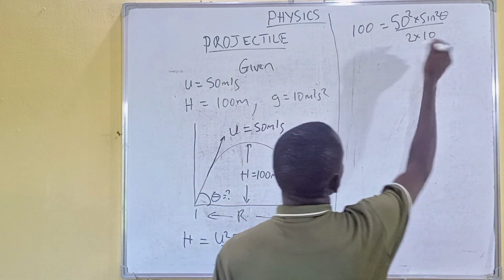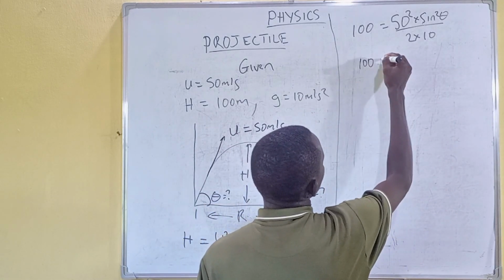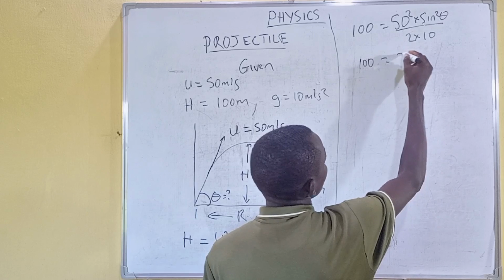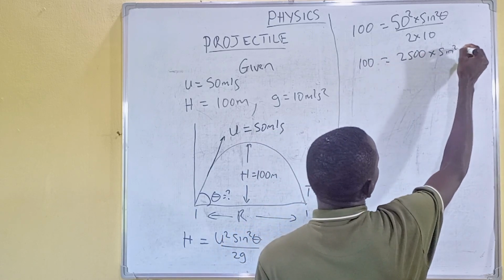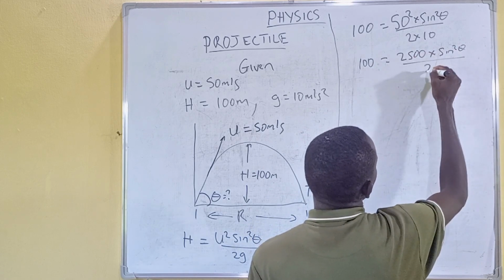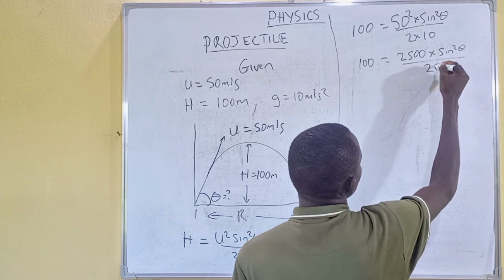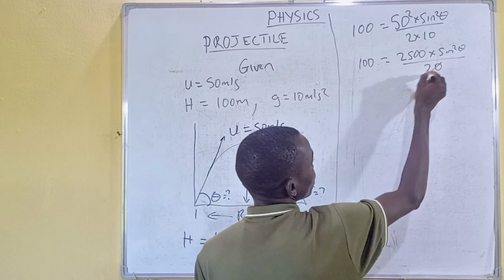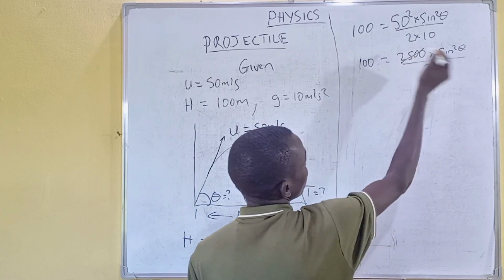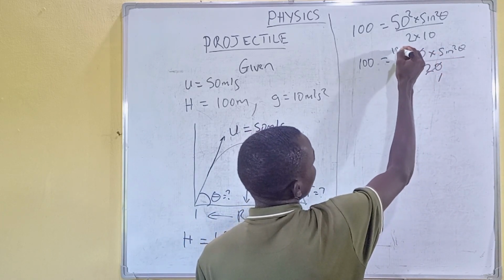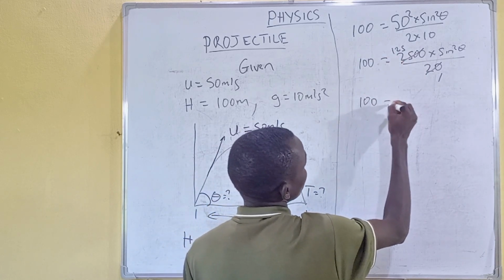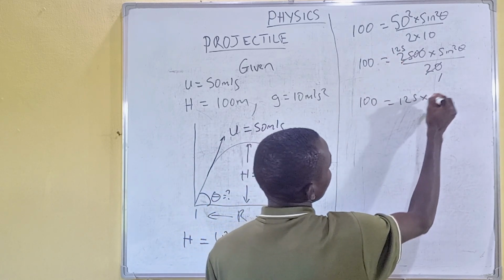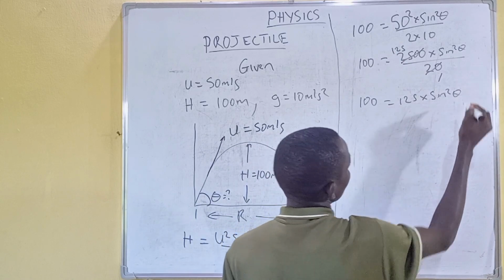So this will be 100 equals 50 squared, 2500, times sine squared theta over 2 times 10, 20. 20 divided into 2500, we have 125. This will now be 100 equals 125 times sine squared theta.